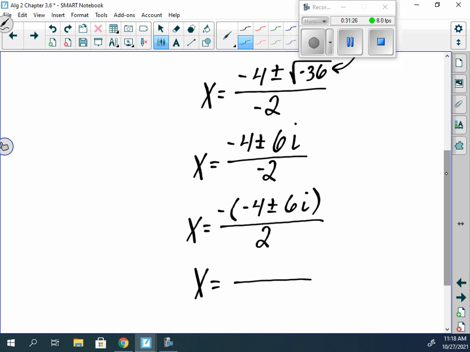Now negative 4 is positive. Yes. Now a negative times the positive in our plus and minus would make it negative. Well, the negative times a negative would be a positive.